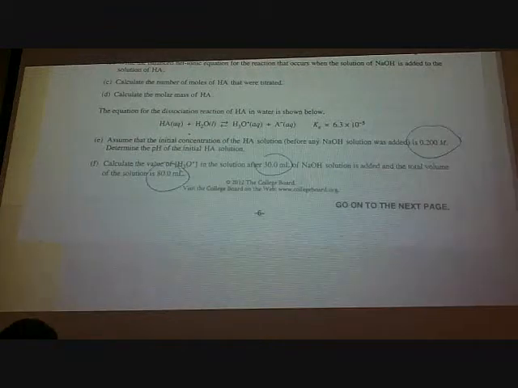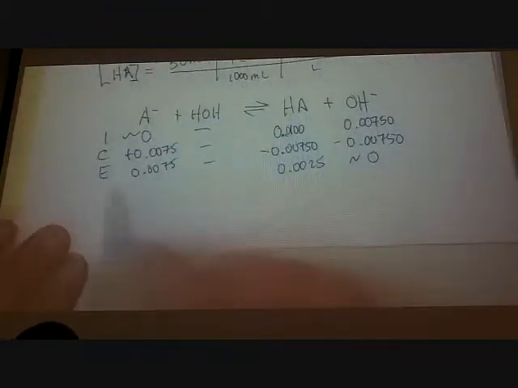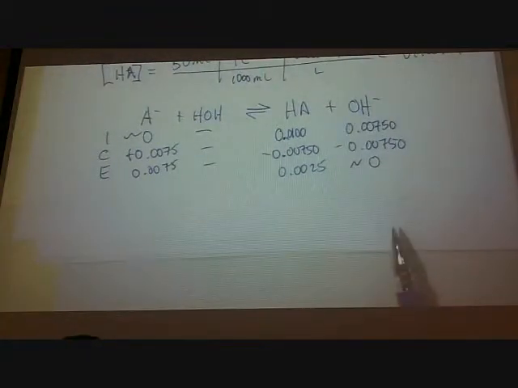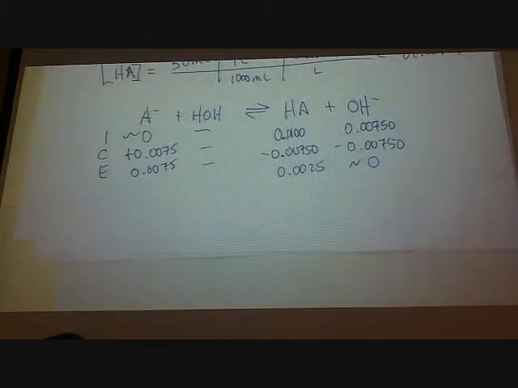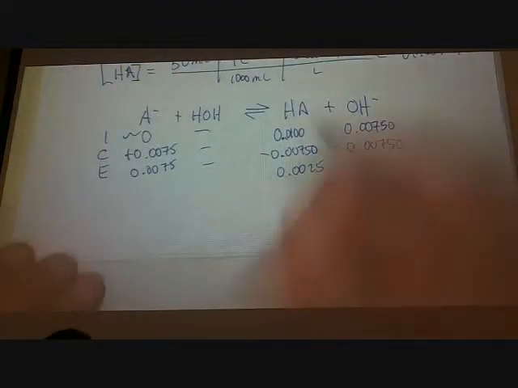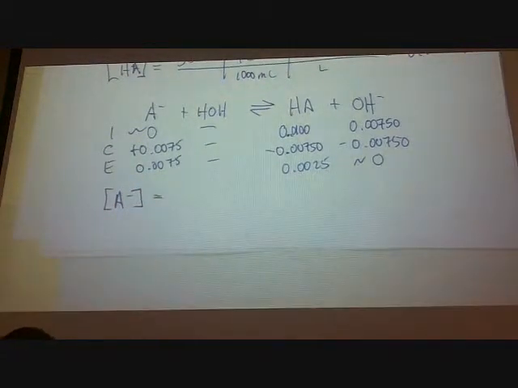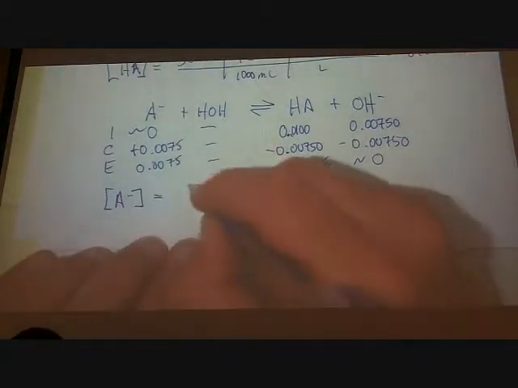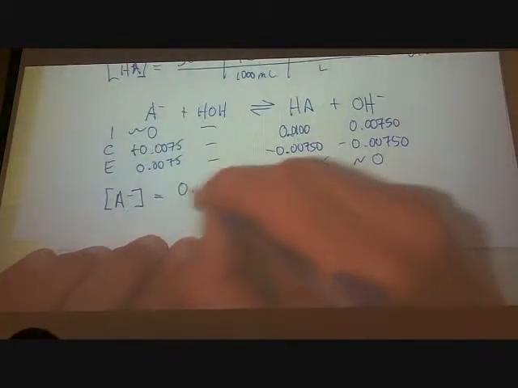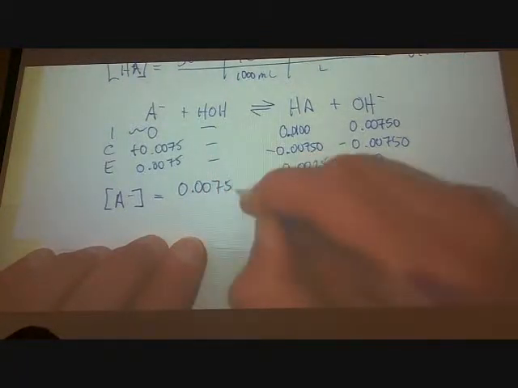However, if you are comfortable, then we have to do a couple things here. What's the first thing we need to do? Probably get these to molarities, right? So if we want to find out the concentration for our anion, what do I do? 0.0075 moles over what?